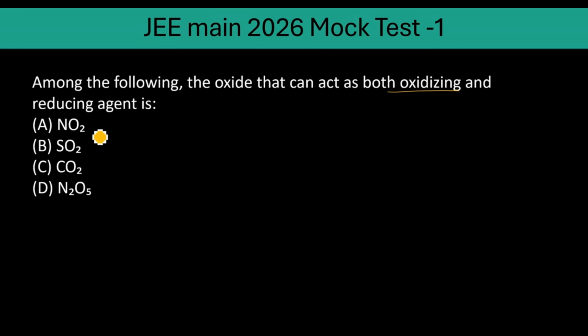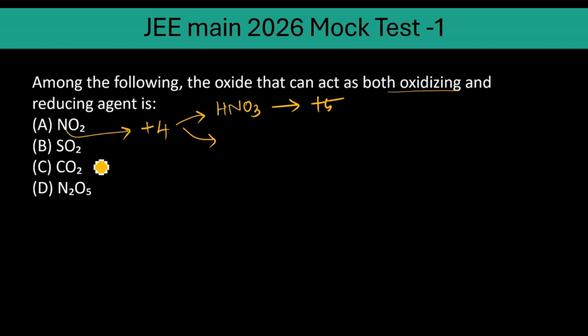So let's see here, NO2, where the nitrogen oxidation state is +4, it can be oxidized to +5, and it can be reduced to +2 or 0 or -3 as well. So it can act as an oxidizing agent.